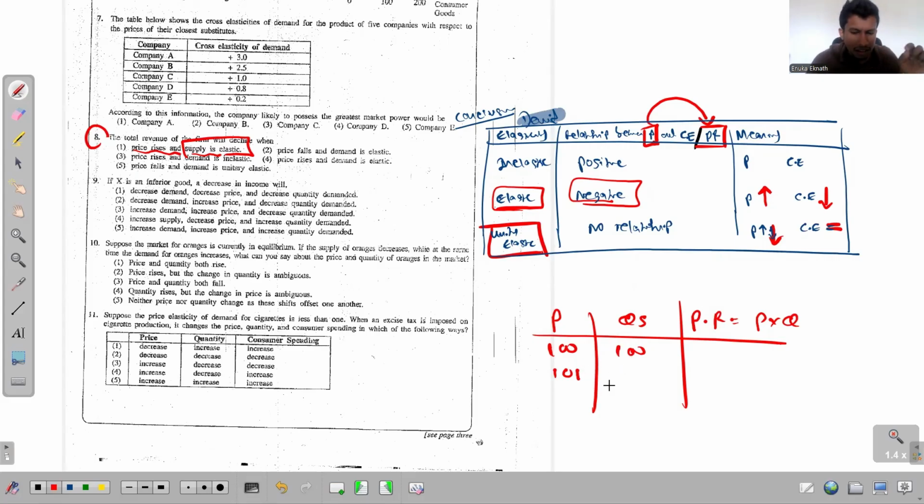So when the price increases by just 1 rupee, the quantity supplied increases significantly. Let's assume that to be 200. If you multiply this 101 with the new quantity 200, it gives us 20,200. But previously we got just 10,000. So the price has gone up, and the producer's revenue has also gone up. So even from this first option, the producer's revenue will increase. Only from the fourth one will the producer's revenue decline. So that is the answer there.